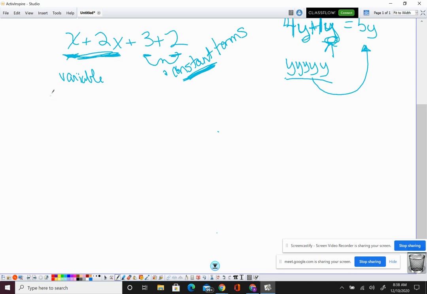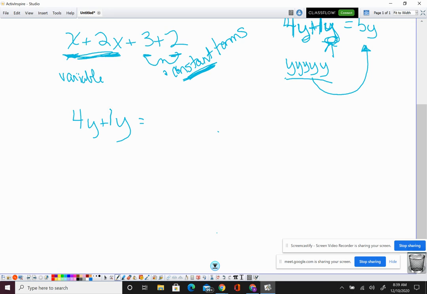Now, we've been looking at properties of mathematics, where we talked about commutative, we talked about associative, we talked about distributive. And the distributive one was normally we had a number out in front of the parentheses that we distributed out over each of the terms.